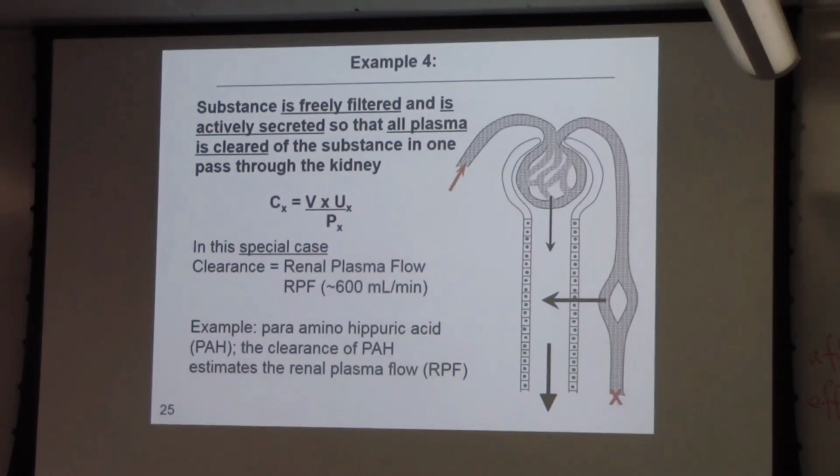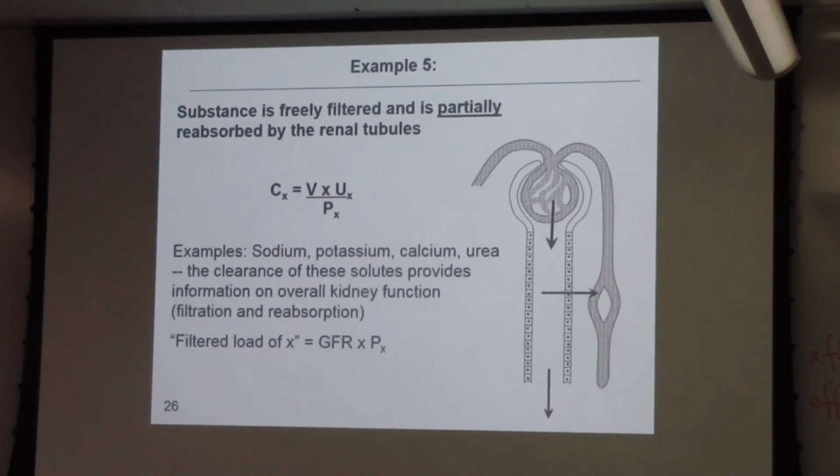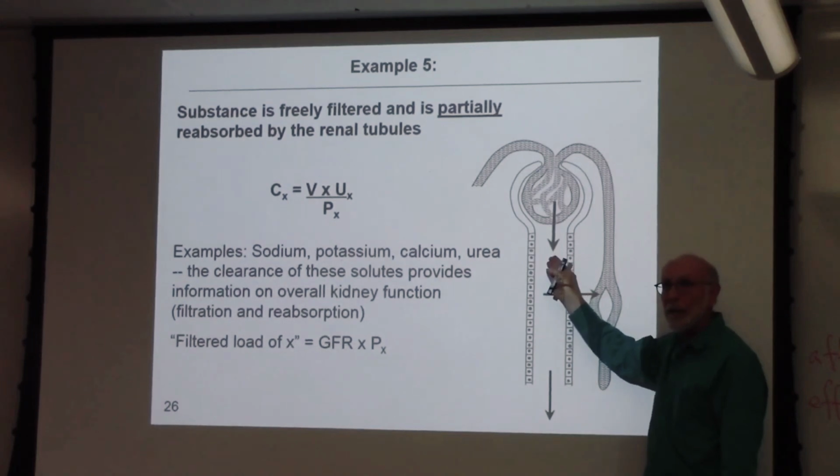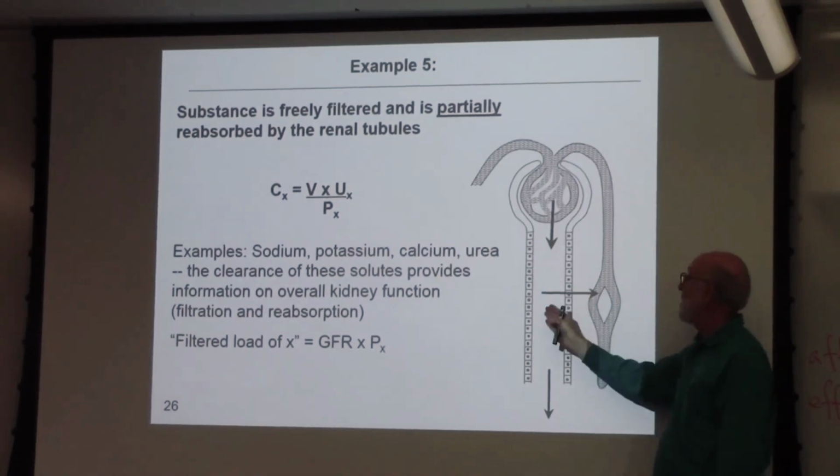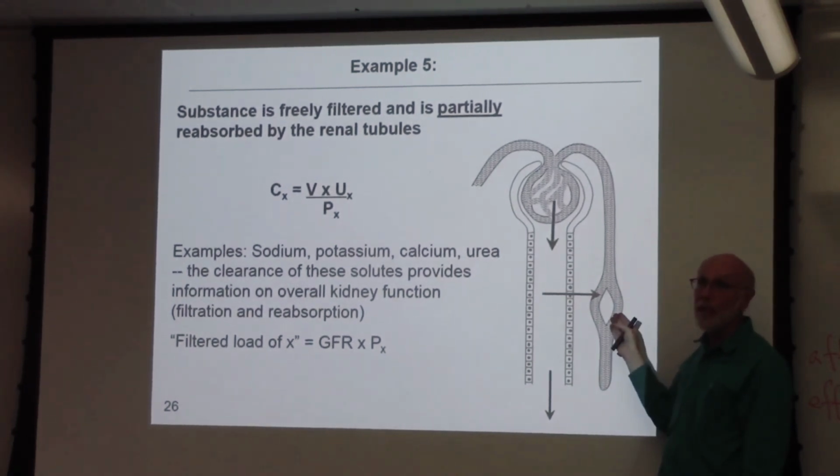Okay, here is another special case. Actually, let's skip this one. We'll come back to this one. Let me go to the next one. Here is your generic case. A substance that is freely filtered and partially, not completely, partially reabsorbed.